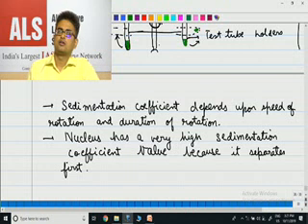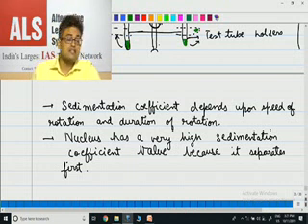Okay. But other organelles, they have lesser value.